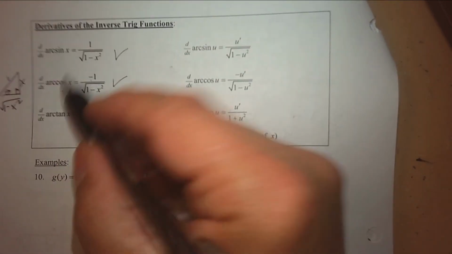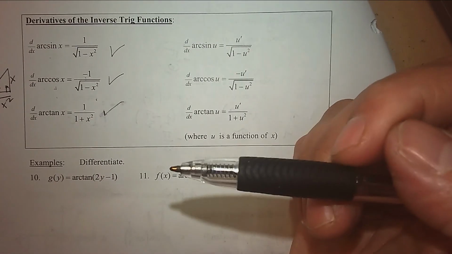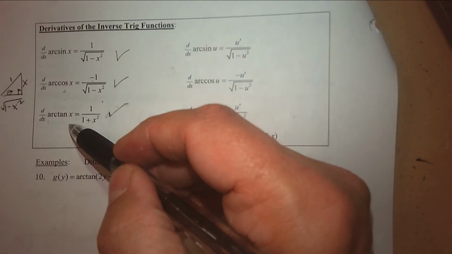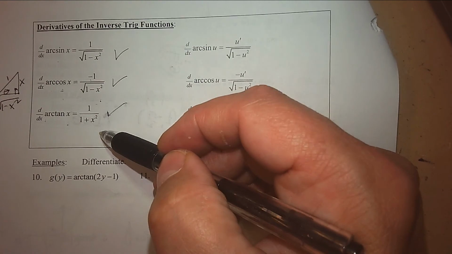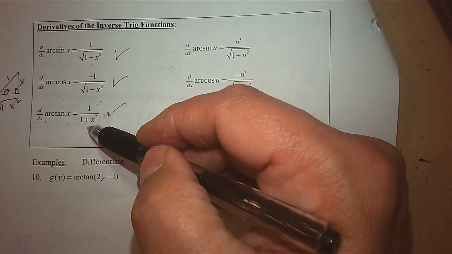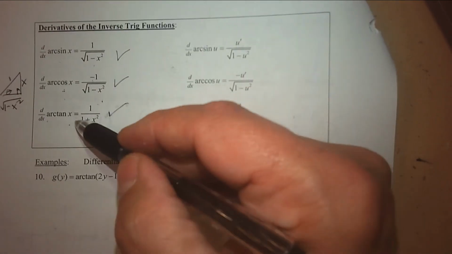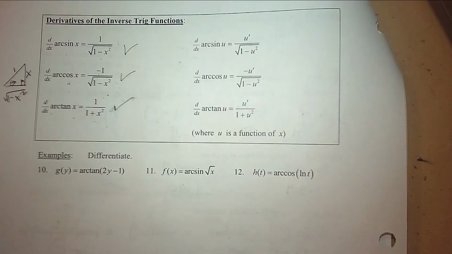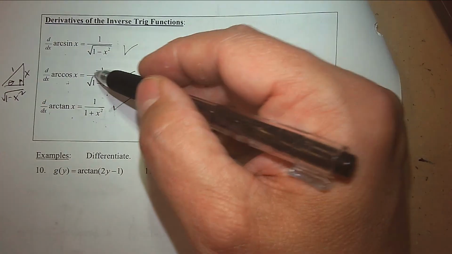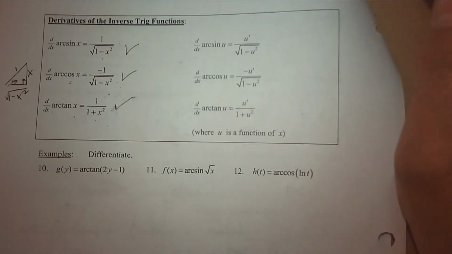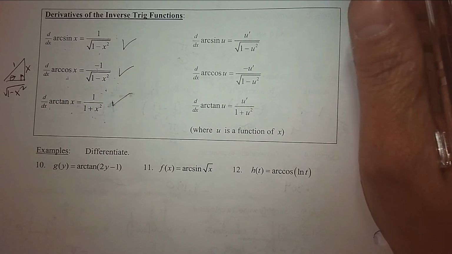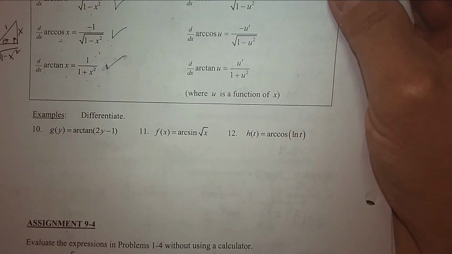Our cosine is similar but negative, and arctangent is completely different, not subtracting but adding, so the order doesn't matter, and no square root in the denominator. Now the truth is that when we integrate, we actually don't need both of these. So the next lesson, because they're basically the same except one's negative, you can always change the sign for the negative one and just use 1 and not worry about cosine. So you'll see that in the next lesson.